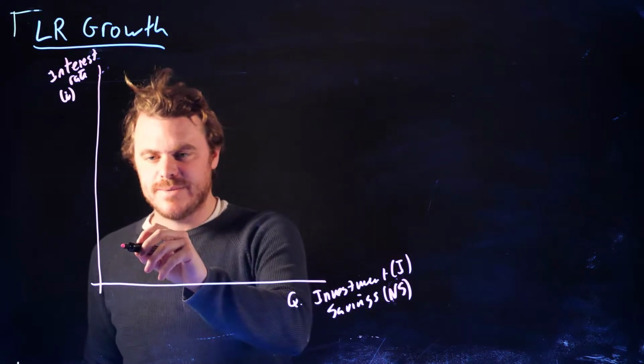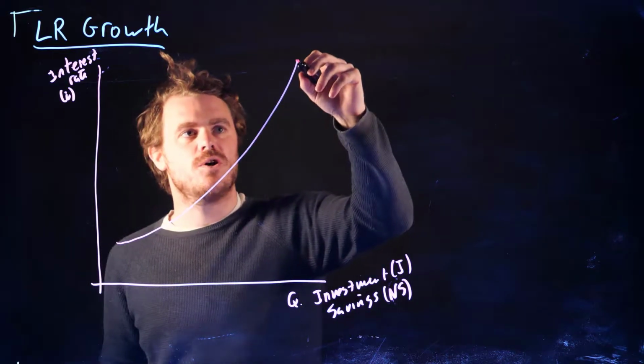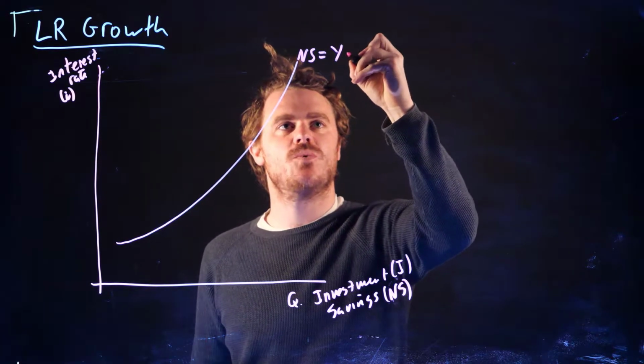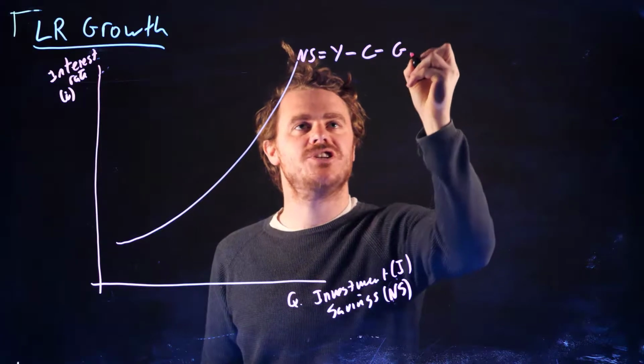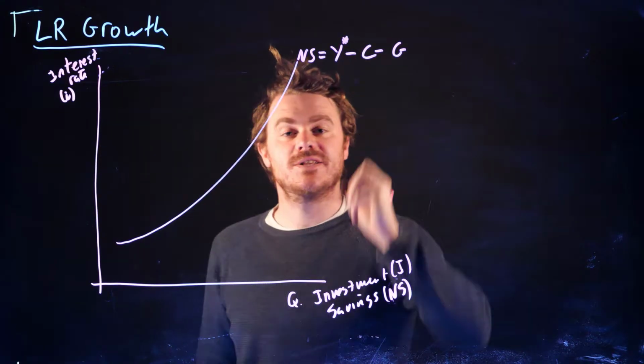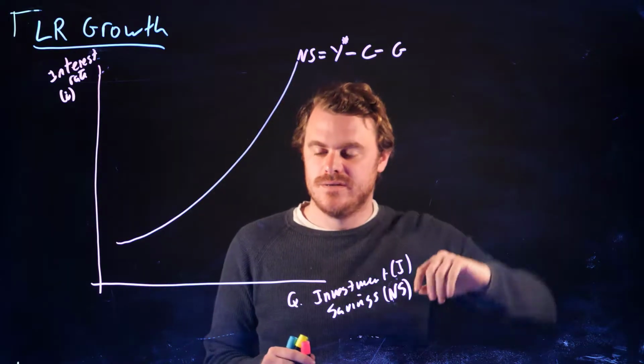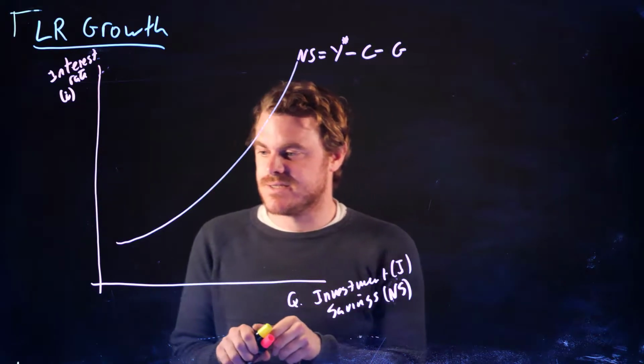Okay, and as we were just saying, we have this upward sloping national savings line, where national savings equals Y minus C minus G. And it's not just any Y, it's Y star, fixed at Y star since this is a long run analysis.